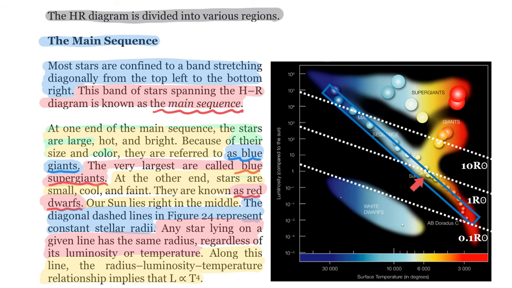So our sun is a pretty ordinary star. I mean, we think the sun is absolutely awesome and it's enormous compared to us.